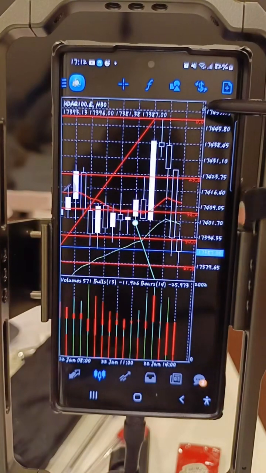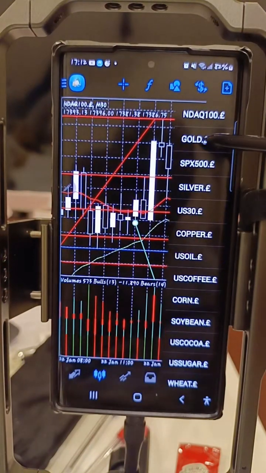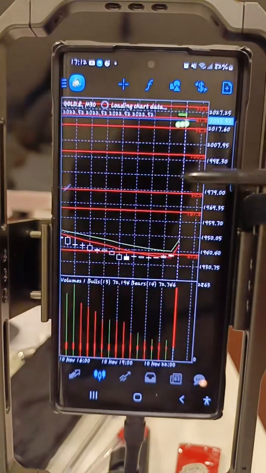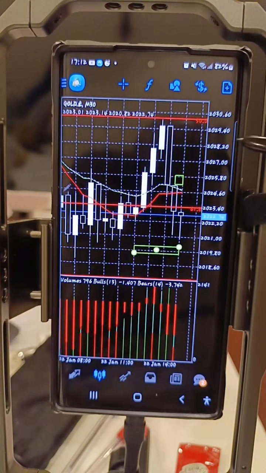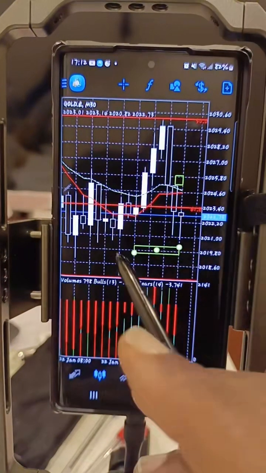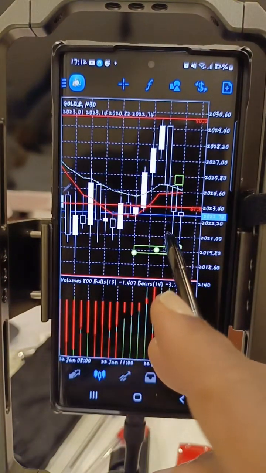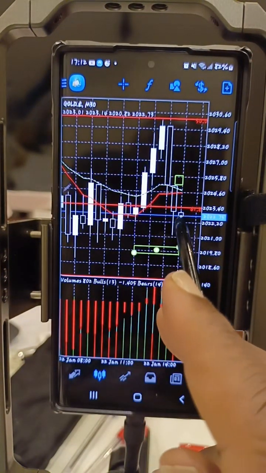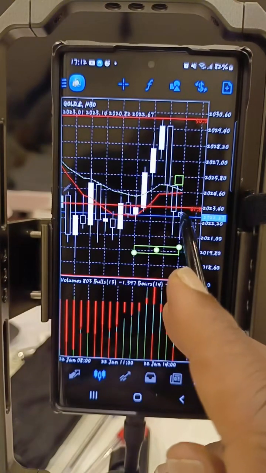So let's just have a look at gold, just before the US market opens. So again, you can also see here gold becoming a resistance here.